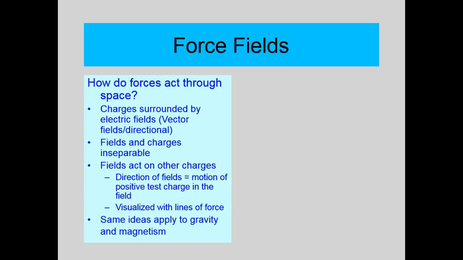It has a force field around it that is going to pull negative charges toward it or push positive charges away from it without ever touching. So if you have the charges, you got the fields. If you have the fields, there's got to be a charge around there somewhere. Fields act on other charges, like I just said. That positive charge with the field around it is going to act on positive charges to push them away or negative charges to pull them to it. It's always going to happen.